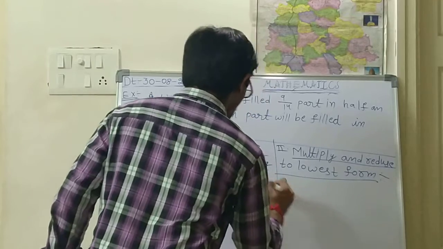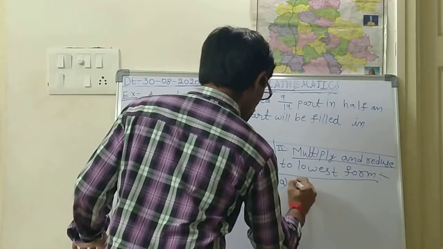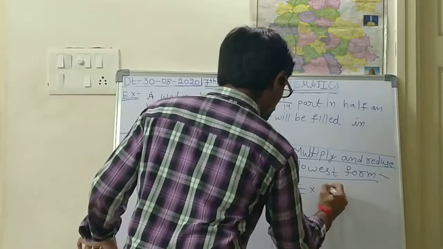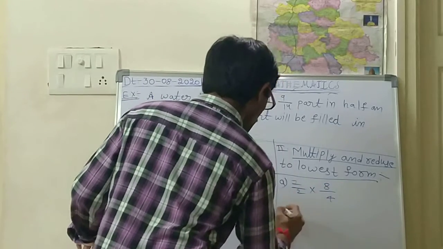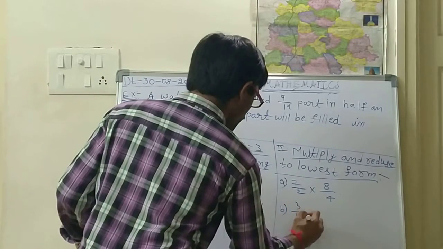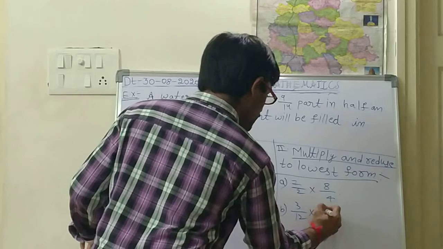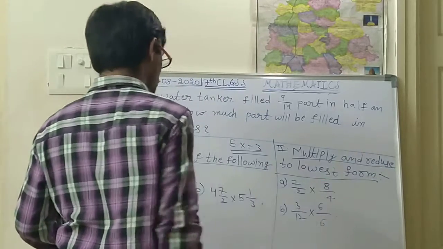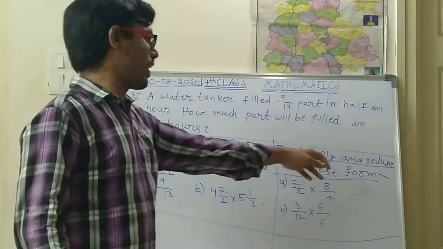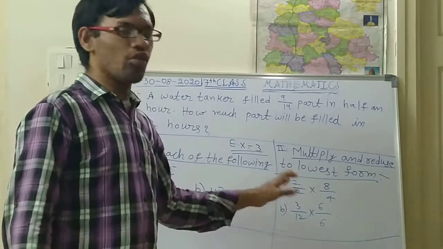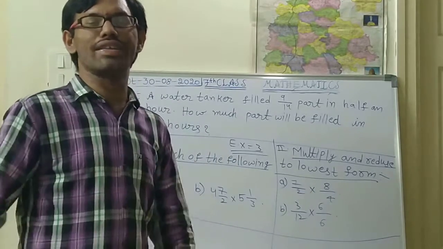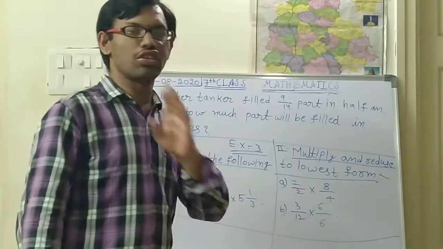In that, the first one is 7 by 2 into 8 by 4. Next, B problem: 3 by 12 into 6 by 6. Okay, so these are the problems, children. Second bit, multiply and reduce to lowest form. Reducing means that after reducing there should again be no cancellation. So you should do full cancellation.